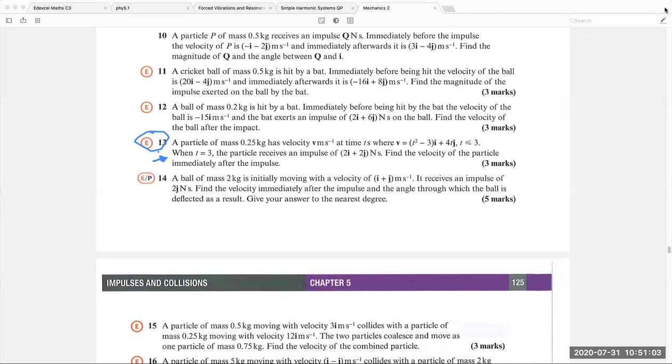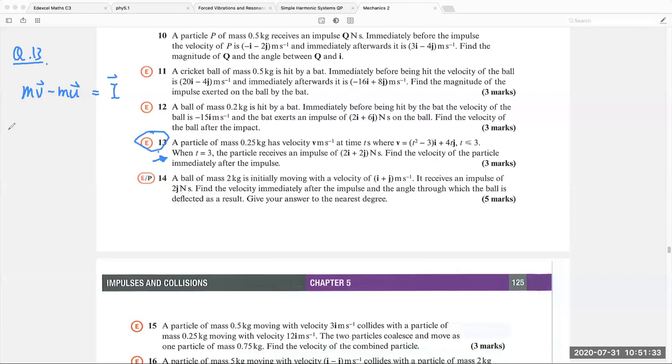Yesterday I completed this. So at t equals 3, it receives an impulse. Then what we can do, we know the formula is mv minus mu equals the impulse. I'll draw the vector sign here because they are vectors. It is not one-dimensional now.